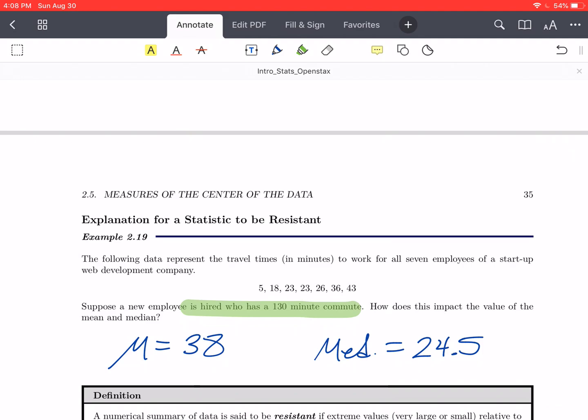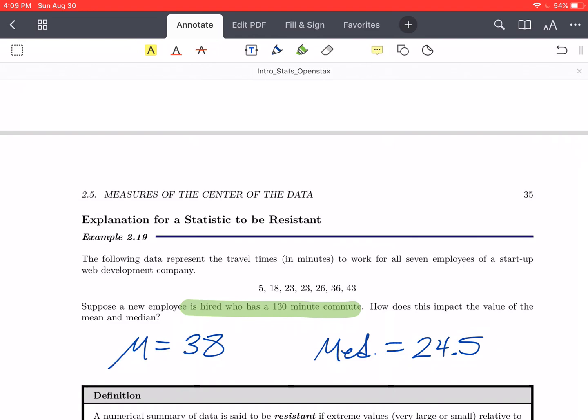It didn't matter, okay, because the only thing that matters for the median is where the middle number is. And the middle number is dependent on how many values there are, not what the numerical value is. Okay, so we could have added anything else into this list instead of 130, and the median would still be that, 24.5. The mean, however, is not resistant.